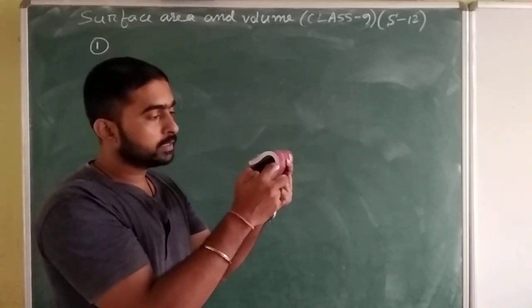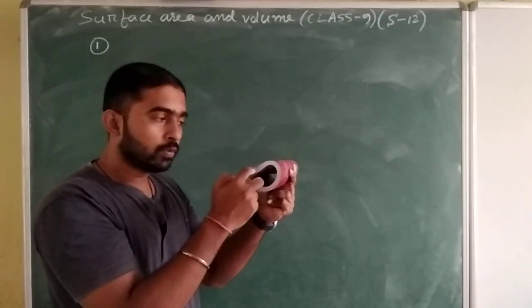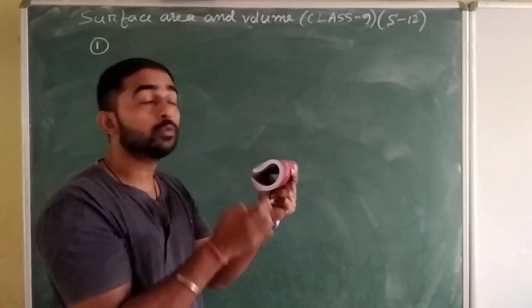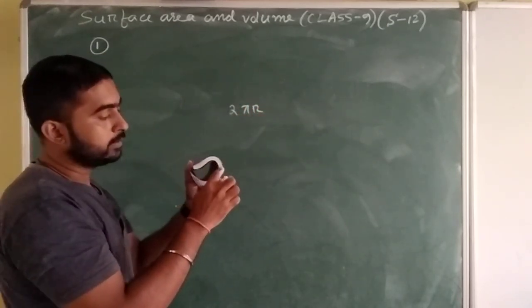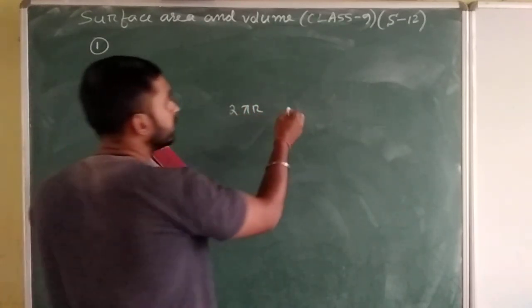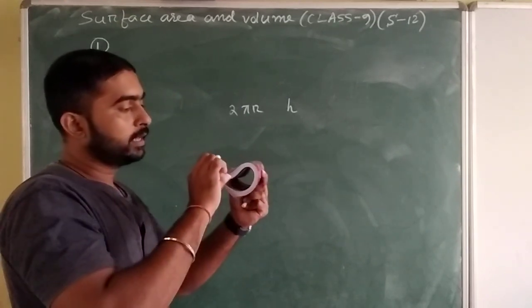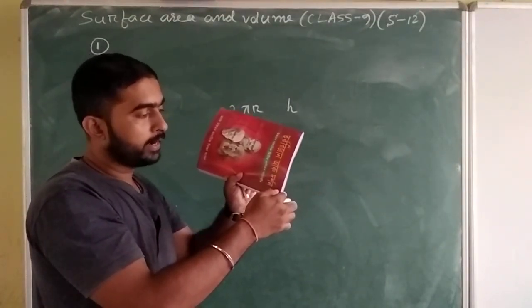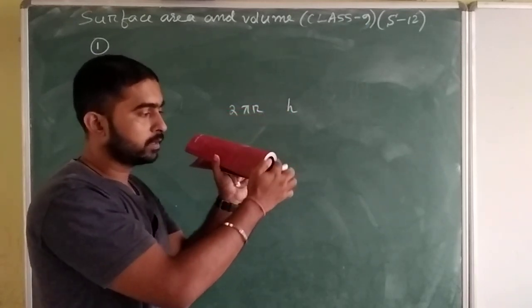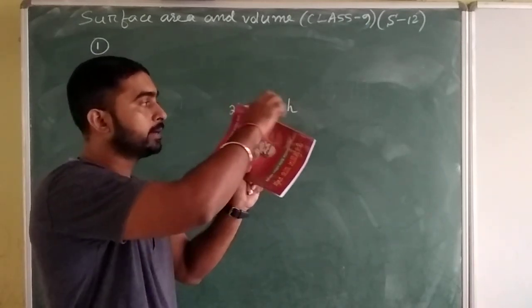Now this is the circumference of the circle. So what is the circumference of the circle? 2 pi r. This is the circumference, and this is the height. If I open this one, then this is the breadth, which is 2 pi r, the circumference of the circle, and this is the height.